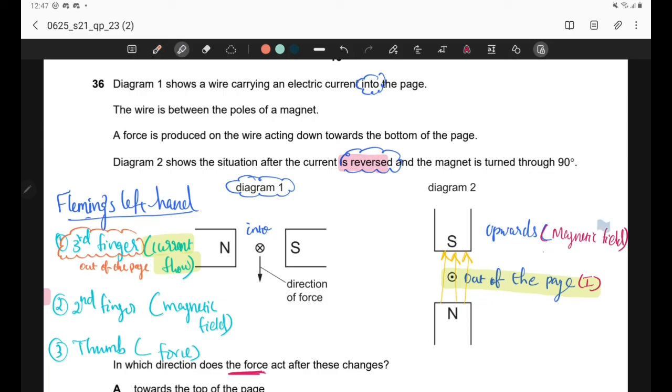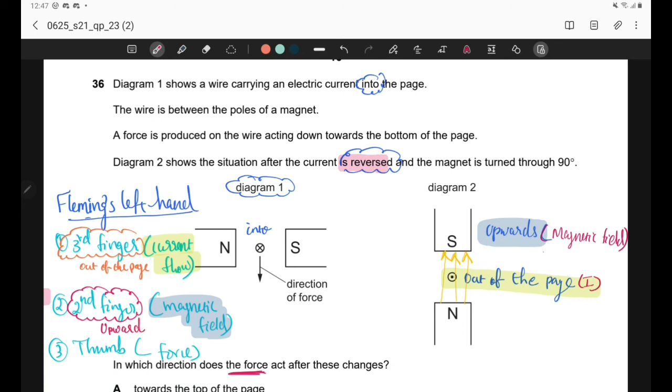Next, you know the direction of the magnetic field is moving upwards, which must be represented with the second or index finger, pointed upward.